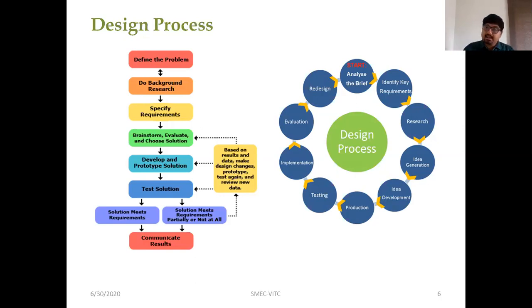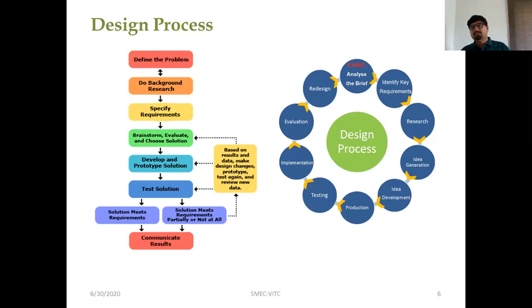Either it could be reworked in brainstorming, in evaluation, in the selection of the solution, or the problem is in the development or prototyping of the solution, or the problem is found in the testing phase. In those places, we send back the information observed after testing, recorrect or improve it, and communicate the results.